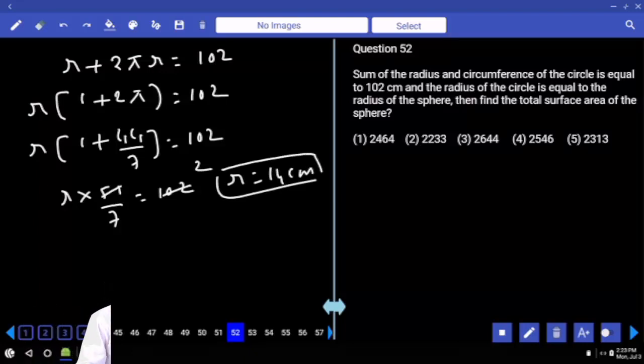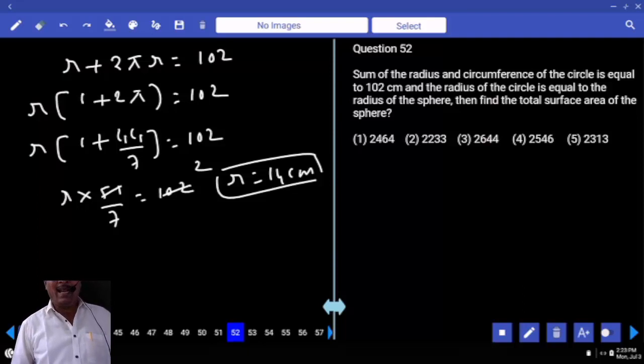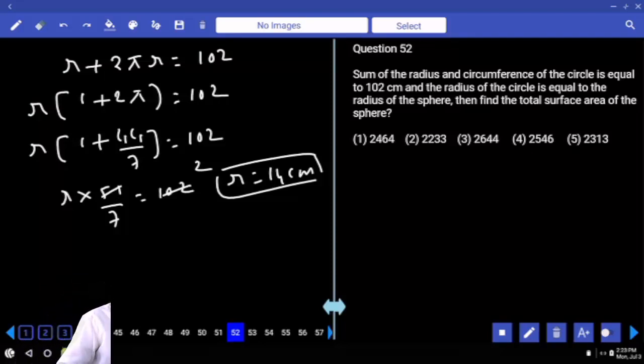Okay. Now read the last line of the problem. Radius of the circle is also equal to radius of the sphere. Therefore, radius of the sphere is 14 centimeters. But you are asked to find the total surface area of a sphere. What is the formula for total surface area of a sphere? 4 pi r square.